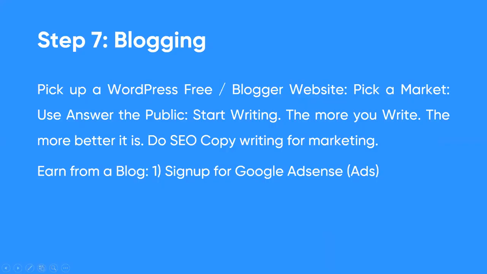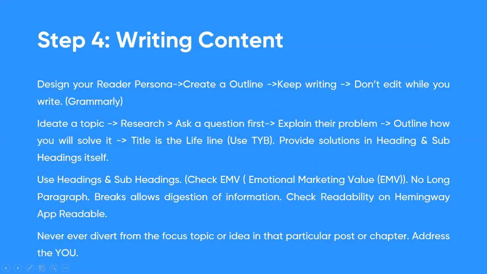Now, what are all the rules of content writing, how to write your content. First, design your reader persona. What is this reader persona? Very simple. Chetan Bhagat's books are meant for people between 15 and 25 years of age, 30 max.